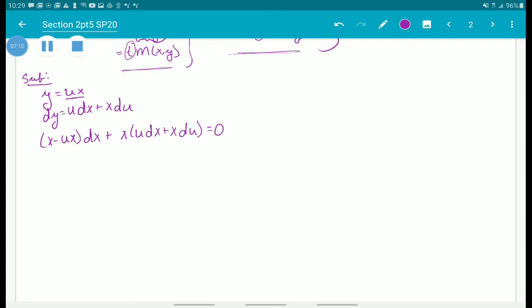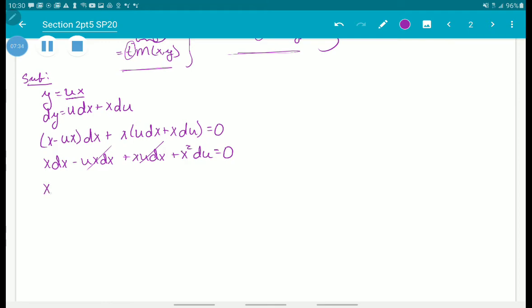The goal with a homogeneous differential equation is to be able to separate the variables. And once we do that substitution, we should be able to separate. So I'm going to do some distributing. Notice the xu dx terms cancel.